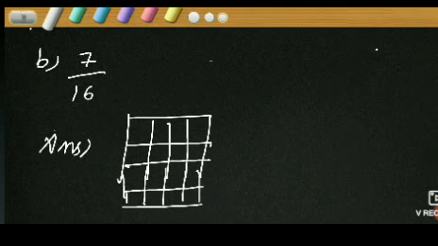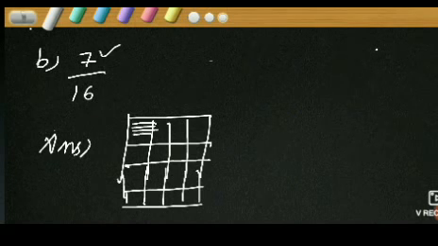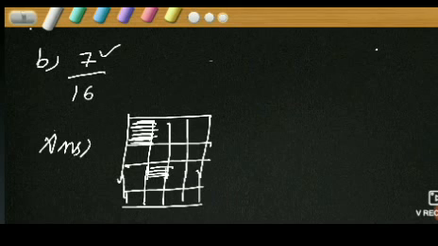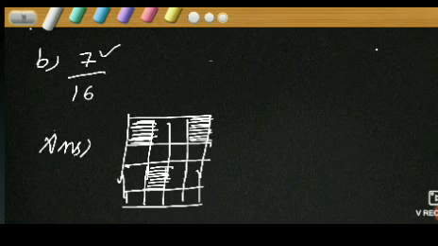Okay, now for indicating the fraction 7 by 16, in this figure, how many boxes have to be shaded? Yes, what is the doubt? 7 boxes, isn't it? Very good. So shade 7 boxes. Boxes can be chosen from anywhere. We can shade 7 boxes wherever we want, but the number should be 7.